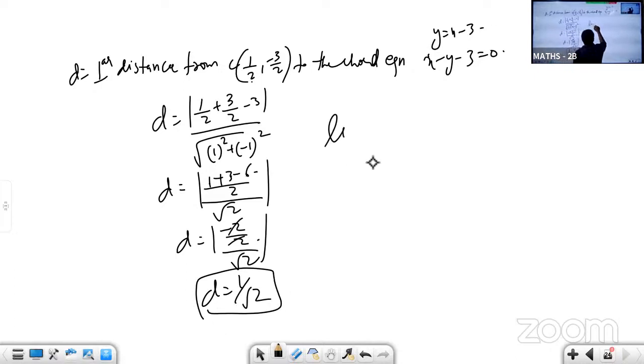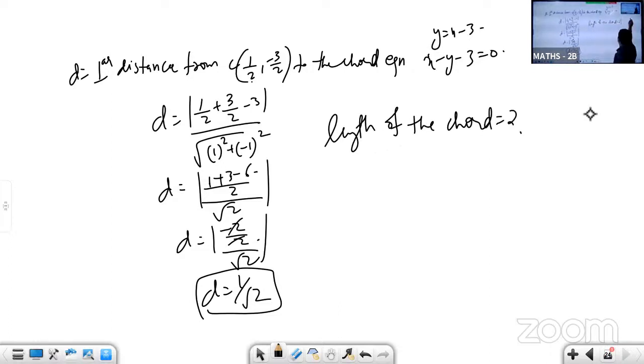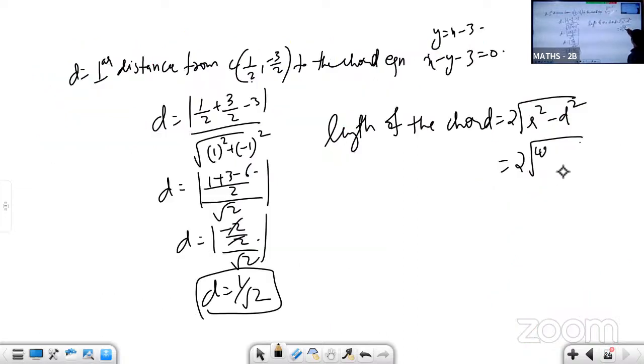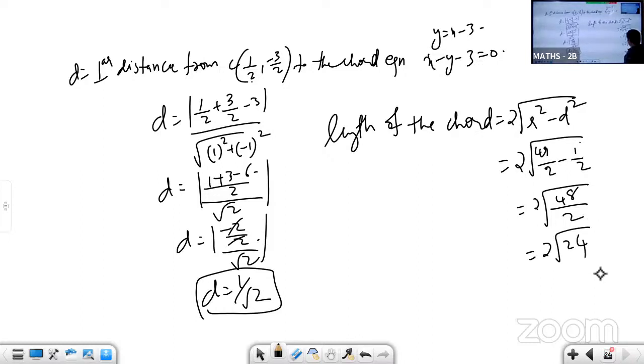Now the length of the chord. Length of the chord is 2 into under root of, write the formula always. What was r? Your r was 7 by root 2, so r square means 49 by 2, minus d square, which is 1 by 2. 2 into under root of 49 minus 1 is 48, by 2, which is 24. 2 root 24.